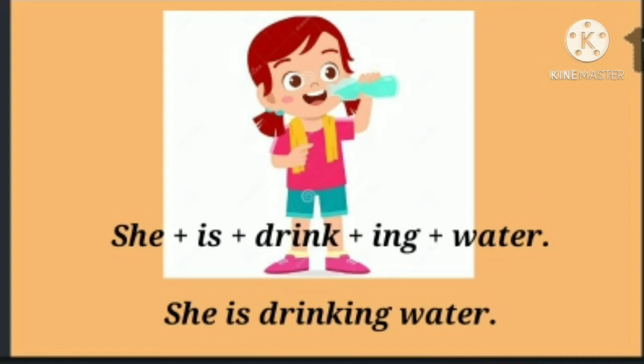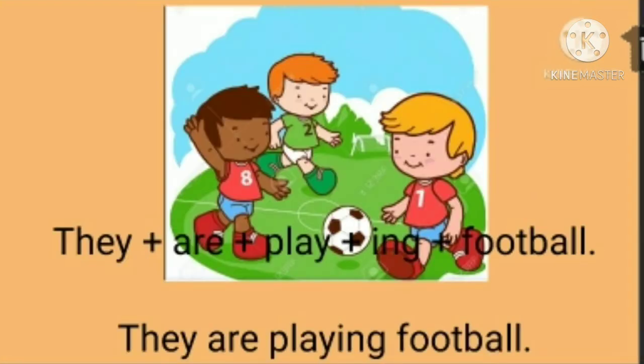So as we had said, the verb always agrees with the subject. So first thing in the sentence, we need to see the subject. Whether the subject is singular, whether the subject is I, or whether the subject is plural. Now my subject is they. To they I add are.